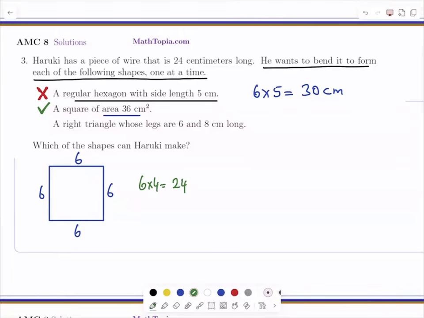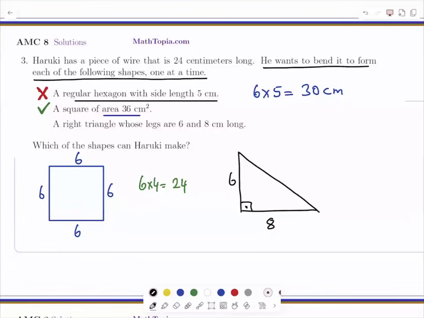Okay Yusuf, let's take a look at a right triangle. What is a right triangle, Yusuf? Like half of a rectangle. The legs are the shortest sides, so I'm assuming the height is 6 and the other leg is 8. Do we know that this is called a Pythagorean triple?